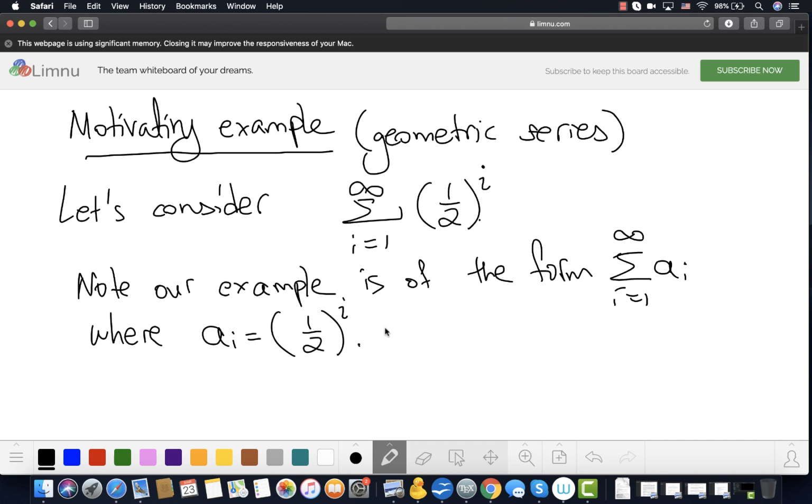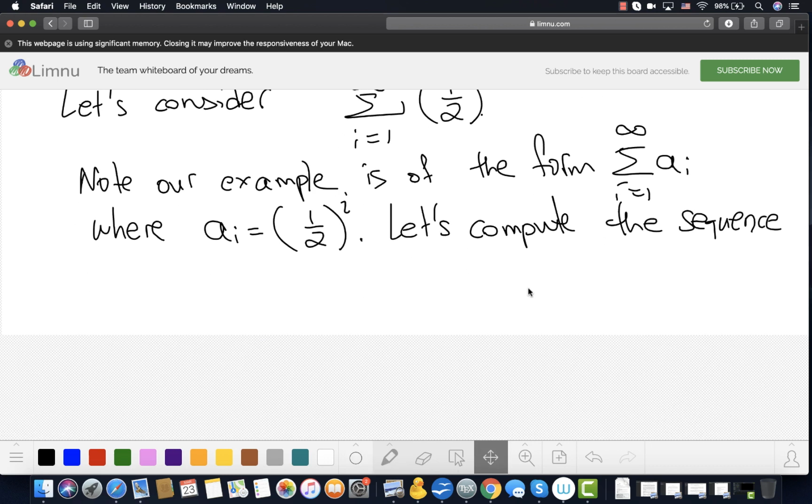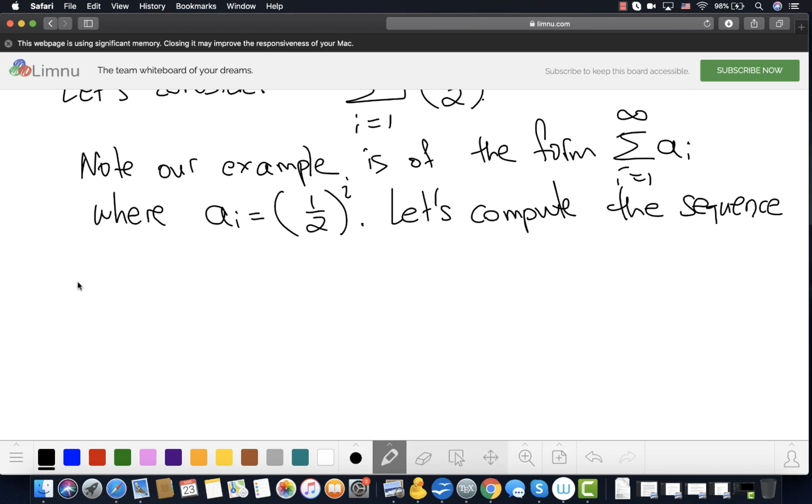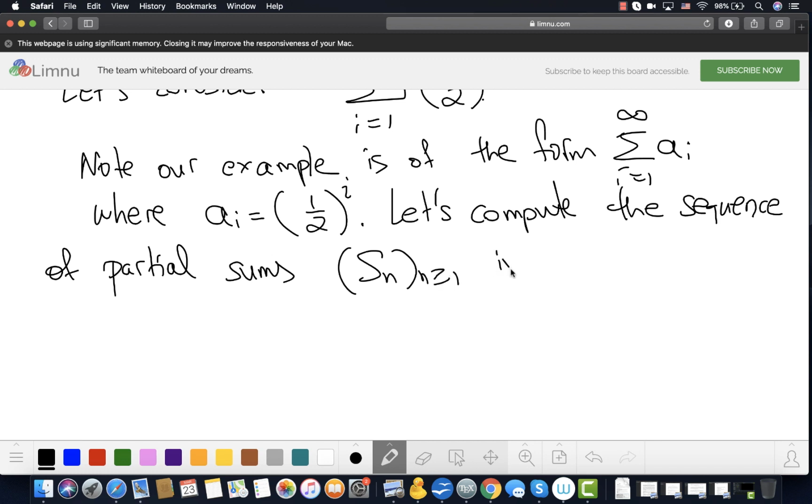So let's compute the sequence of partial sums for this example. This also illustrates how to compute the sequence of partial sums in practice. Sequence of partial sums S sub n in this case.